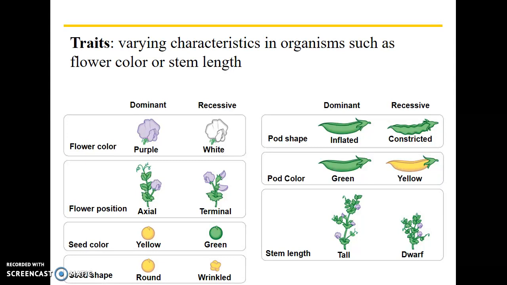So these are some of the characteristic traits that Mendel was experimenting with. And what he was basically doing is crossing different varieties and seeing what traits the offspring had, and trying to determine why he was seeing certain patterns. Why do 75% of the offspring have inflated pods and 25% have constricted pods, for example?